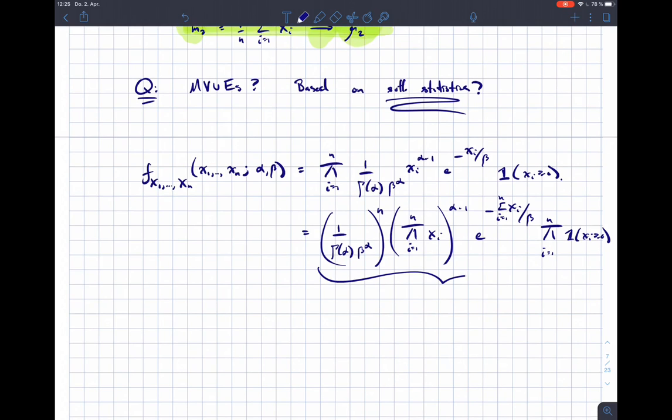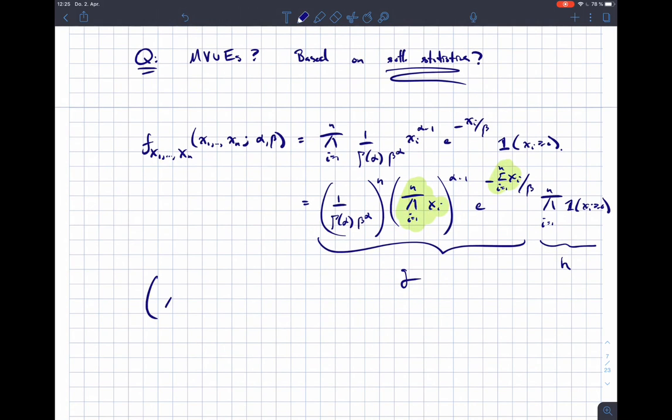And so by the factorization theorem, this is like my g, this is my h, I can say that the product of the xi's and the sum of the xi's, as a pair, is a sufficient statistic for the pair of parameters alpha and beta. Okay.